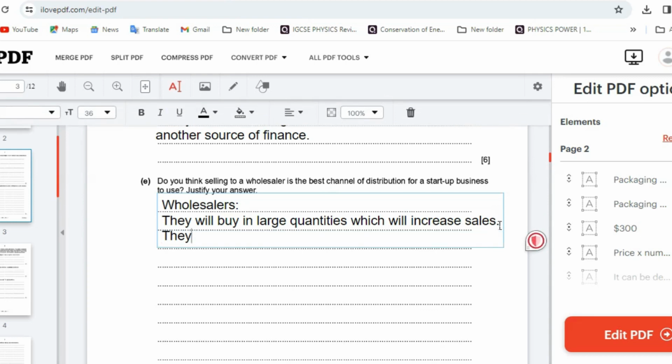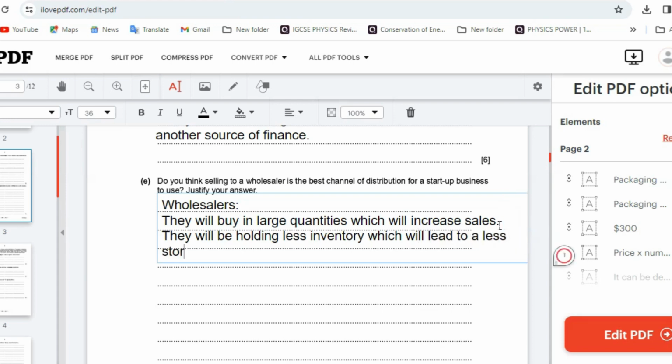They will be holding less inventory, which will also lead to less storage space, and it will reduce the cost of paying for warehouse.